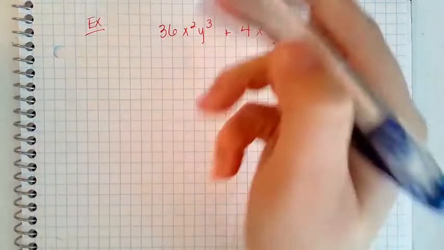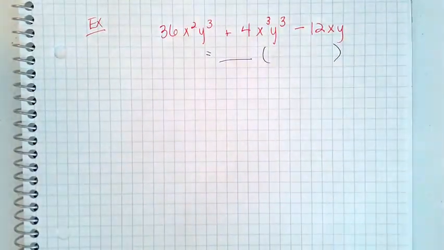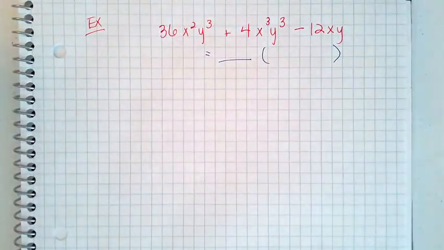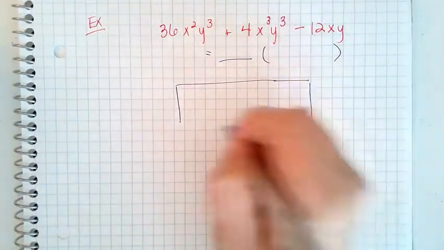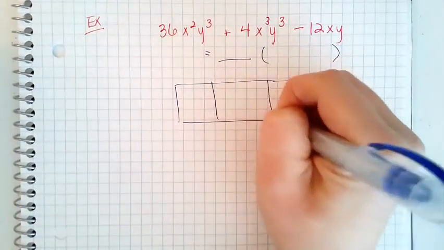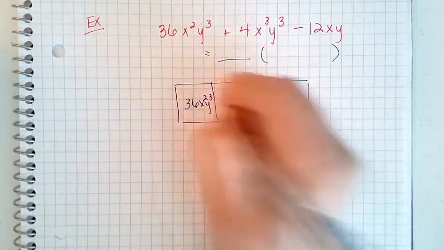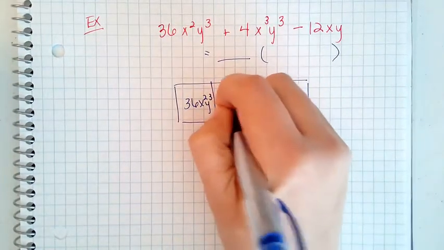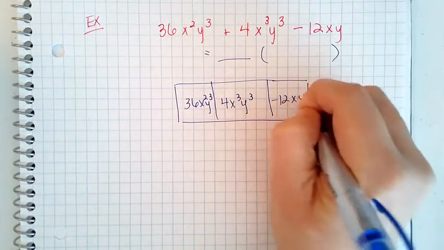I'm still trying to find something times something, okay? So I'm going to write this as an area, and I'm going to need a little bit of room, right? Because I've got 3 terms, which means 3 boxes. 36x squared y cubed, 4x cubed y cubed, and -12xy.